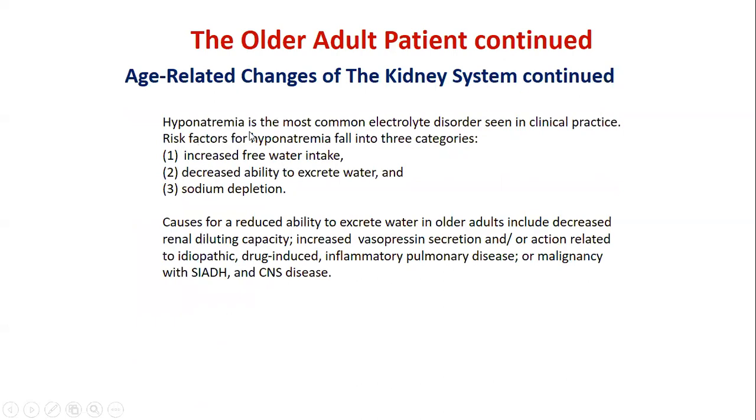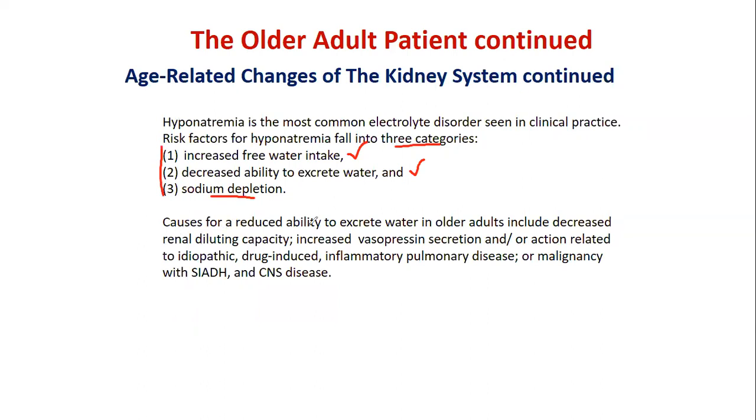Next, hyponatremia is the most common electrolyte disorder seen in clinical practice. Risk factors of hyponatremia fall into three categories: increased free water intake, decreased ability to excrete water, and sodium depletion.